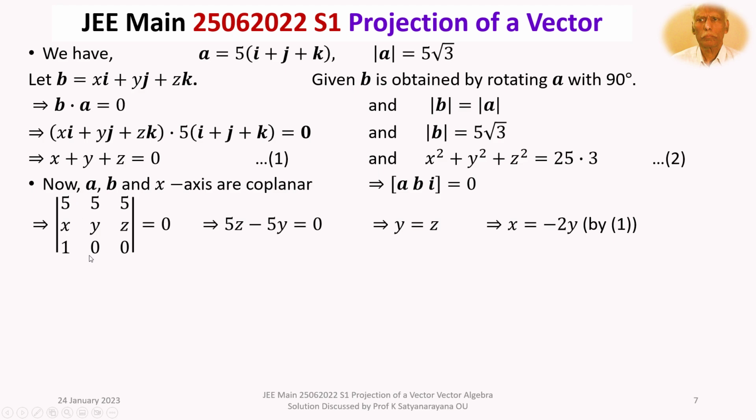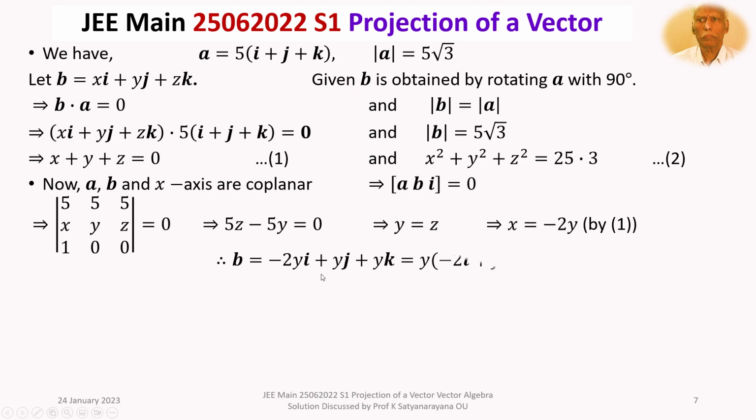Expand this determinant by the third row. You will get 5z minus 5y equal to 0, which implies y is equal to z. Taking y equal to z in equation 1, x + y + z = 0, x is minus y minus z, so x will be minus 2y. So x is minus 2y, y is y, z is y.